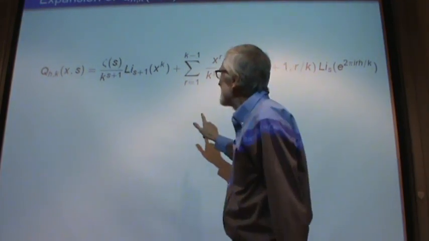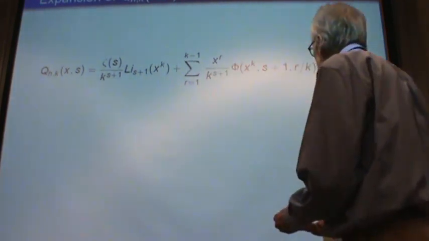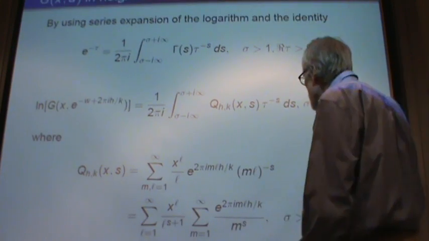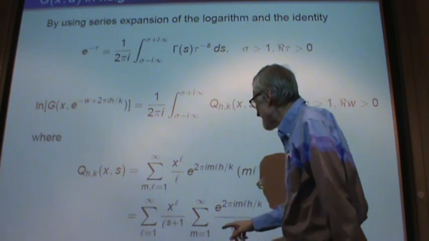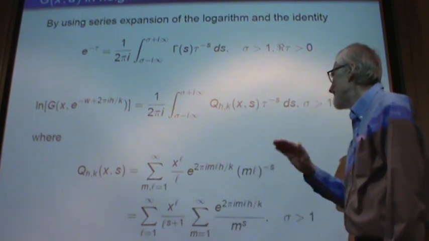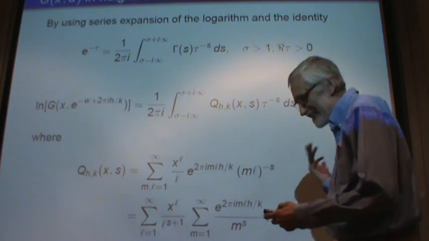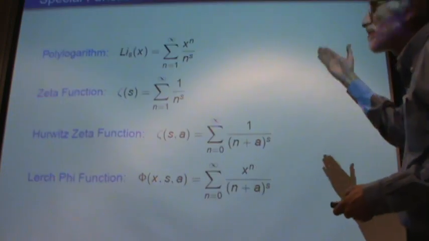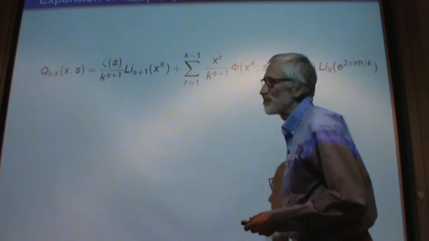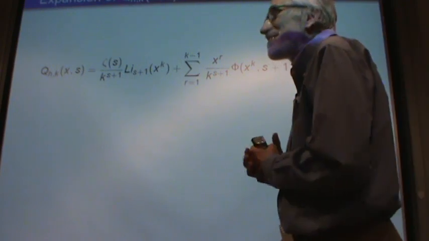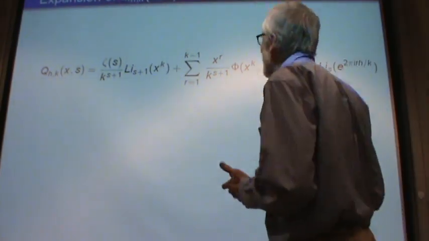To get this, all I do is simply take the index l and split it up according to the residue classes modulo k, and just use this list of special functions, and you get this formula. So it's just a simple version, nothing profound. But lots is known about these functions, so it's useful.